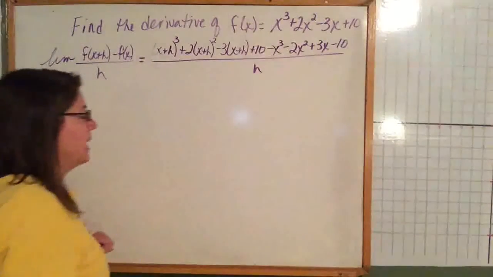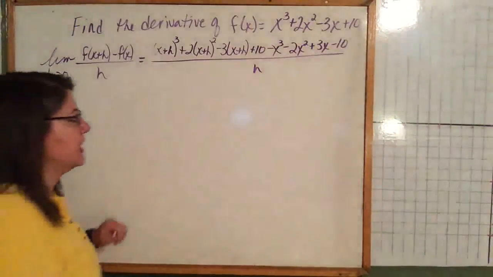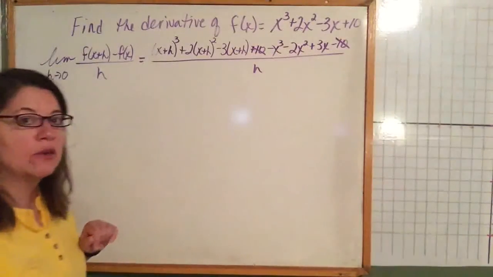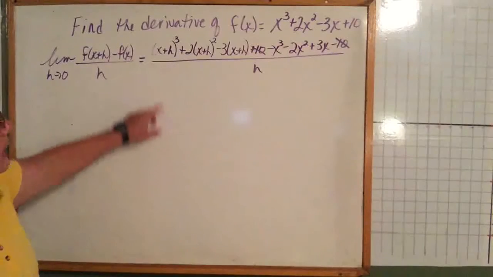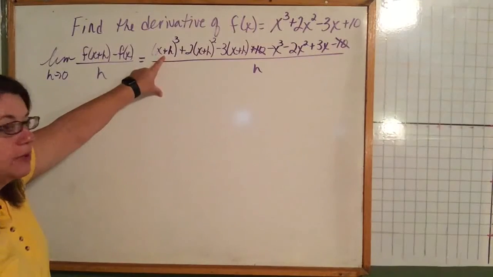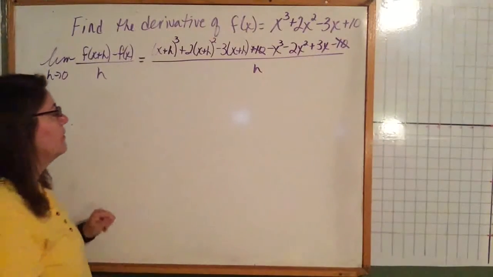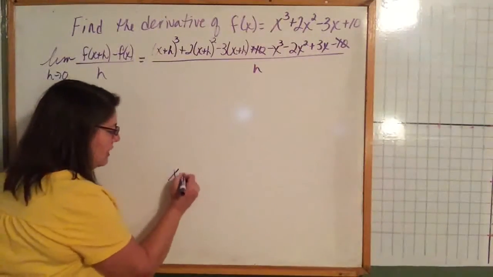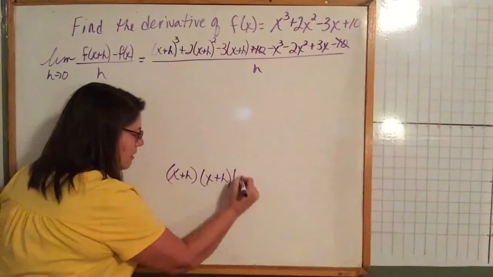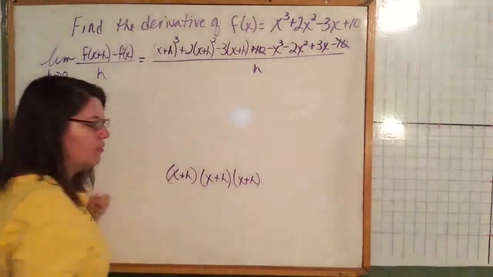And we've got the h. Well, hopefully you notice the 10s. We can go ahead and cancel those out. That'll save us a little bit of room up here. All right, now I need to multiply the (x plus h) cubed. To save myself a little bit of space, I'm going to go ahead and do that here and then erase the work.